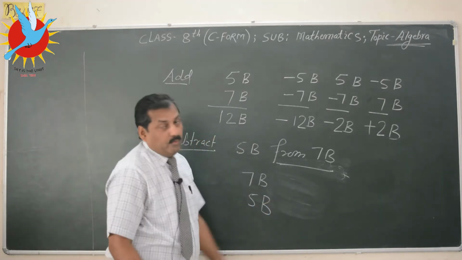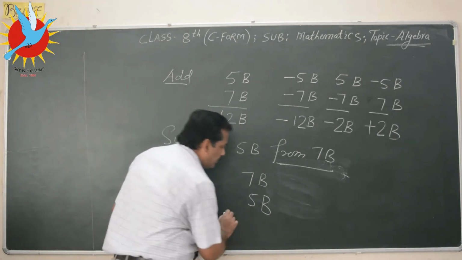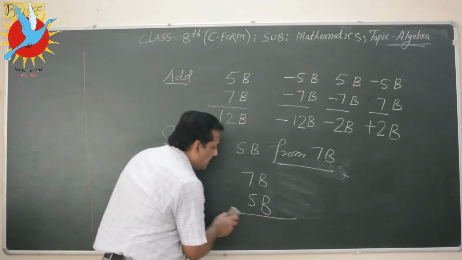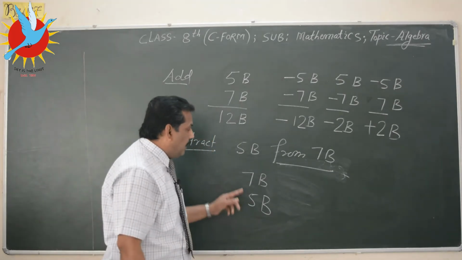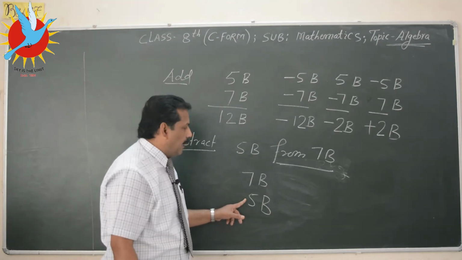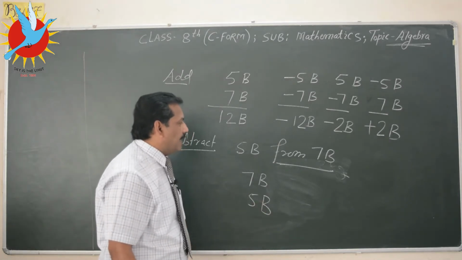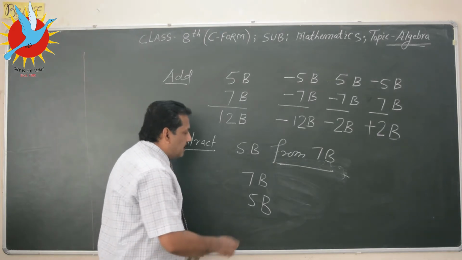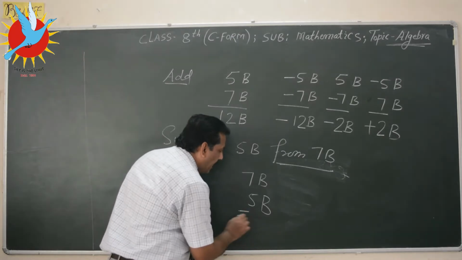Okay. So what is the rule? Once we have done like this, then as per the rule, we have to change the sign of the expression or the number which is going to be subtracted. So this sign is plus, we have to change it to minus.